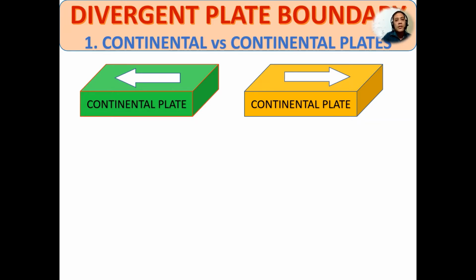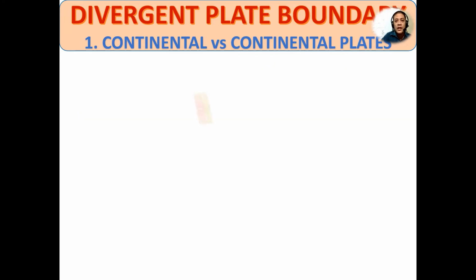These two plates move away from each other because of the convection currents below them. Both currents are in opposite directions, thereby causing the continental crust to undergo rifting process, which is also known as tension or stretching, thereby creating a zone of tension and forming a geological feature called rift valley.